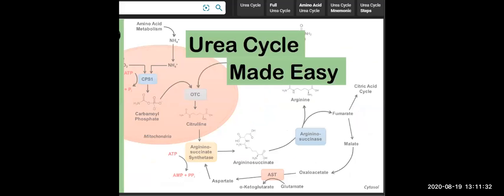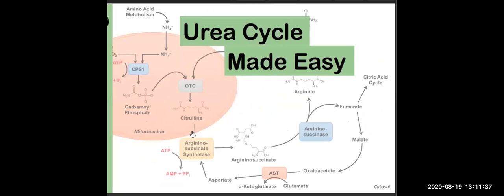This is mitochondria and this is cell cytoplasm, okay? See these enzymes here. One enzyme is your synthetase enzyme, but this is not your rate limiting enzyme. Your rate limiting enzyme is this one, carbamoyl phosphate synthetase 1. This is your rate limiting enzyme, okay?